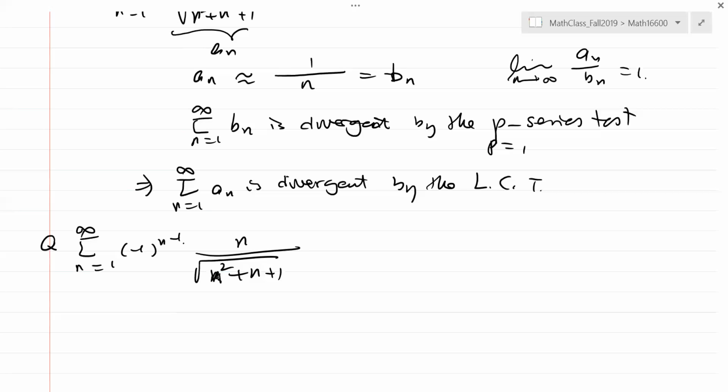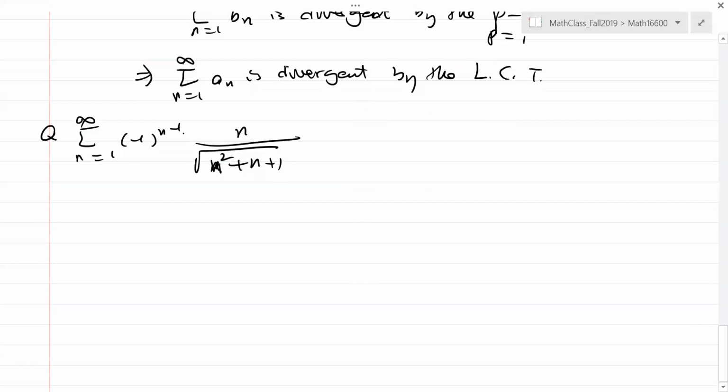You still use the nth term test for divergence. Your conclusion is the limit of a_n does not exist. The limit doesn't exist because the second part converges to 1, but negative 1 to the n minus 1 always keeps changing signs.